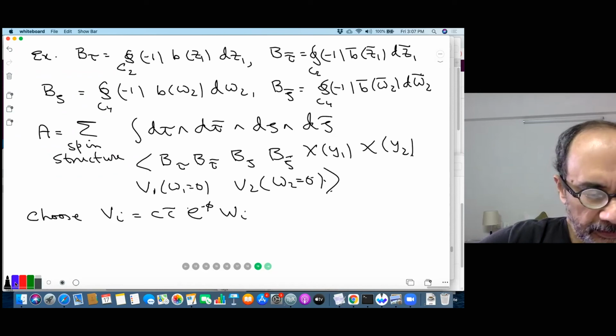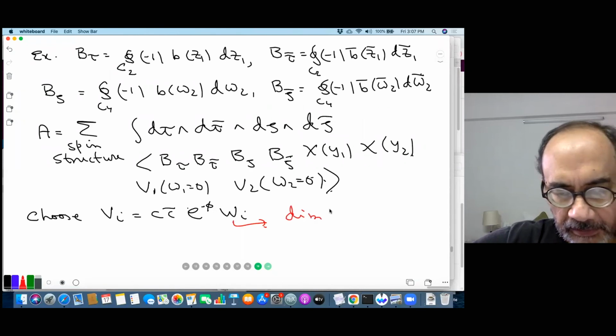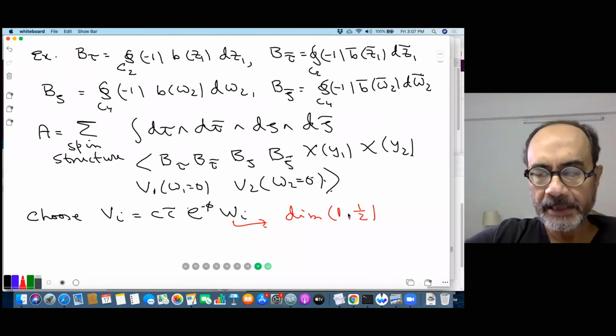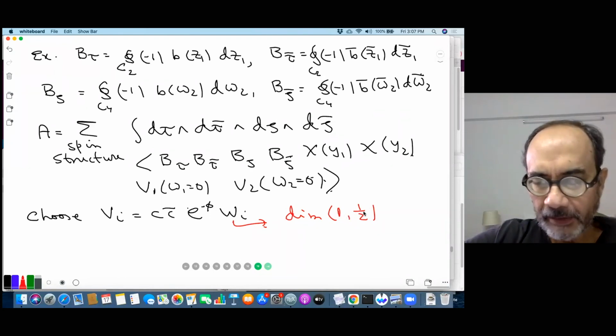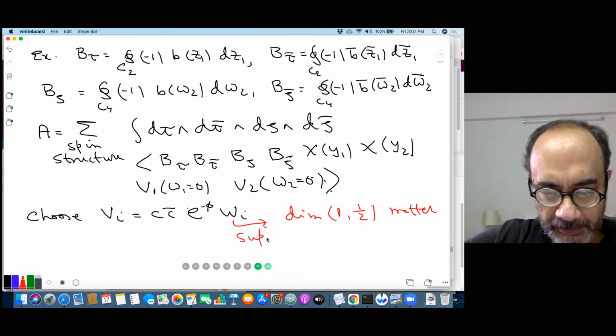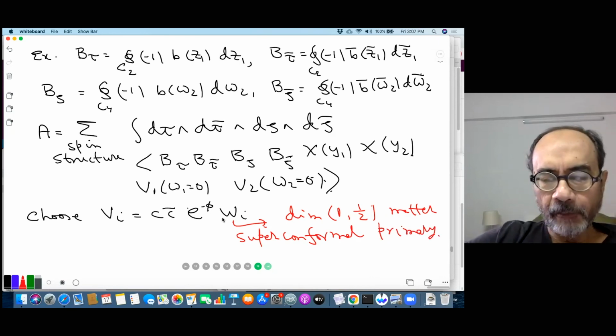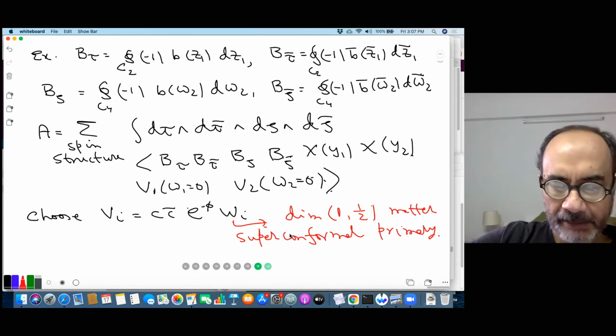And this matter operator will be of dimension (1/2, 1): 1 from the anti-holomorphic sector, like del bar x mu, or the G bar A that we introduced, and half from the holomorphic sector, like the psi mu. This should be a matter superconformal primary. Which means it has to be a primary, and when you take the OPE of TF with it, it should have at most a single pole. It shouldn't have double poles. That's the meaning of a superconformal primary.